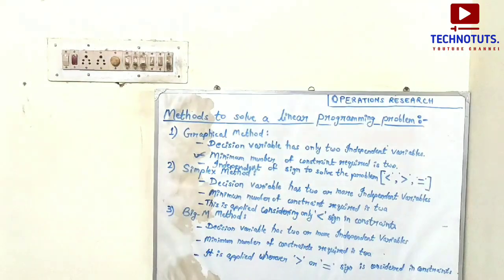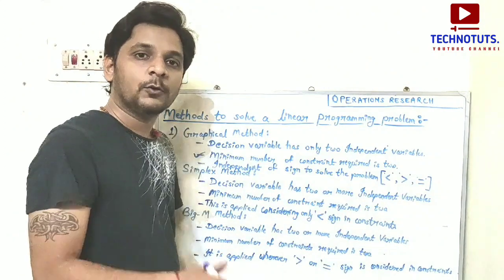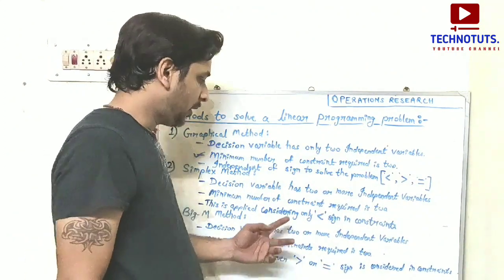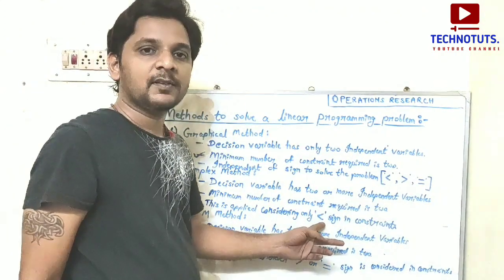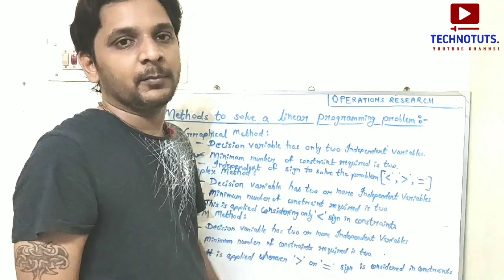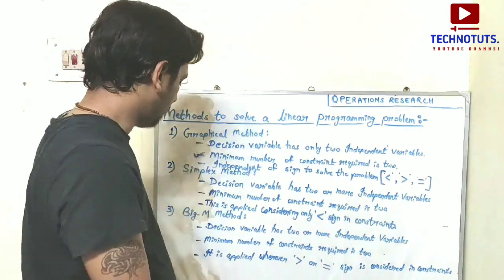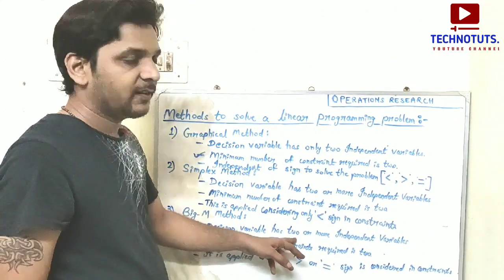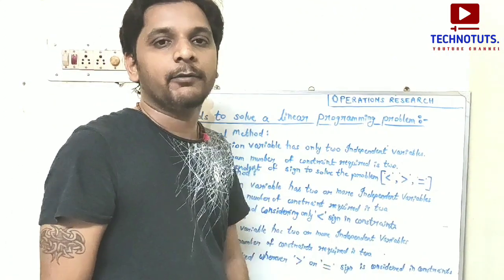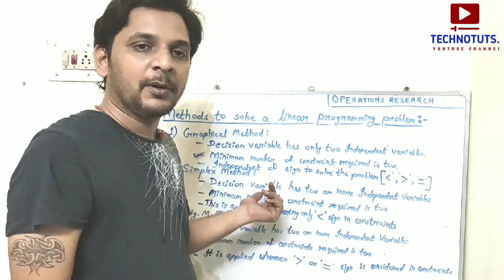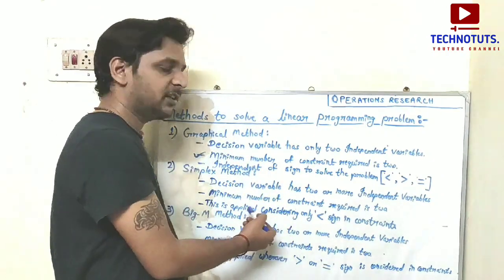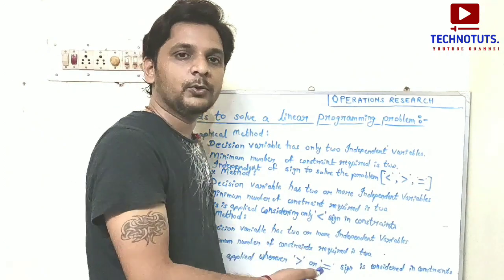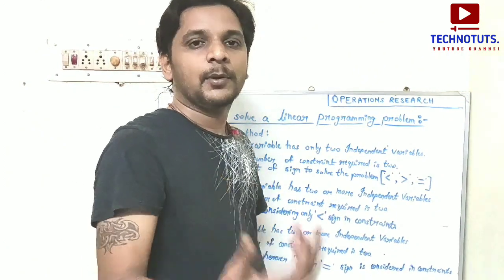Then you can apply the simplex method. Got it? Now let us see the big M method. In the big M method, the decision variables are 2 or more than 2 independent variables, the same as in the simplex method.